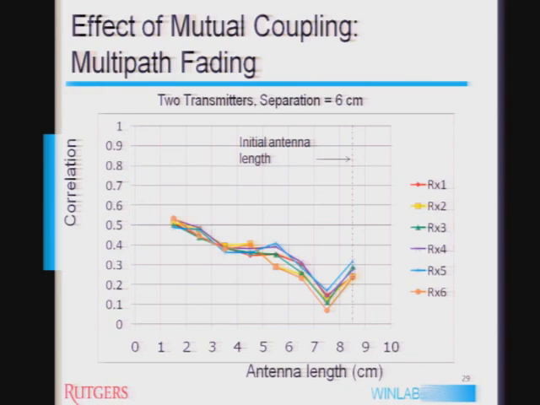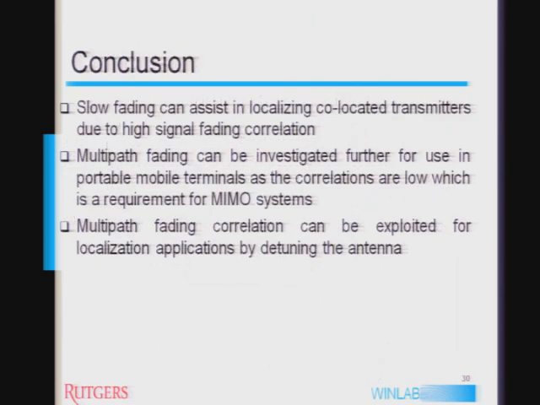So this was quite interesting. The antenna separation, as you can see, is about 6 centimeters. The slow fading correlations were high as expected, as I've already shown you for the normal antenna lengths. With that, I'd like to conclude. Since slow fading correlations were high, they could be used in localizing co-located transmitters.